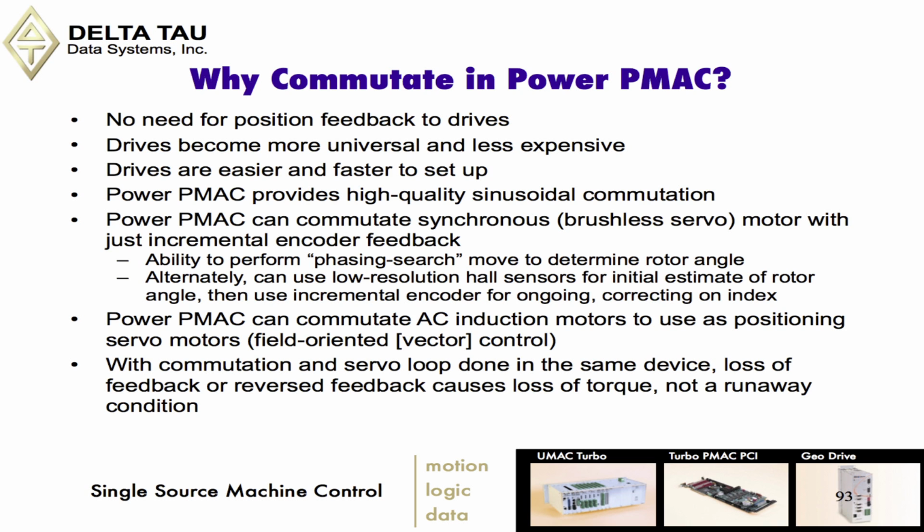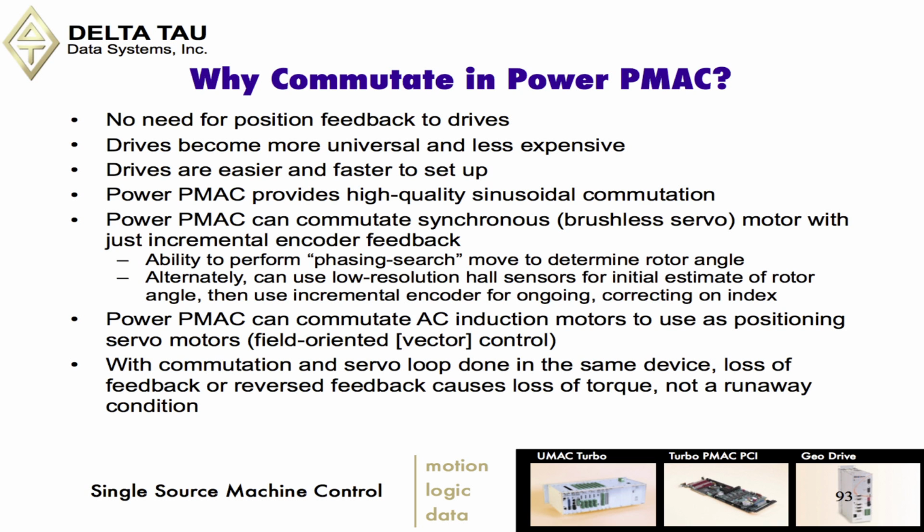Power PMAC can use only an incremental encoder to do its commutation. So Power PMAC can do a phase search move to determine where the rotor angle is in the current commutation cycle. Or you can use a low resolution sensor like Hall effect sensors to approximate where you are in the commutation cycle, and then do a home move.